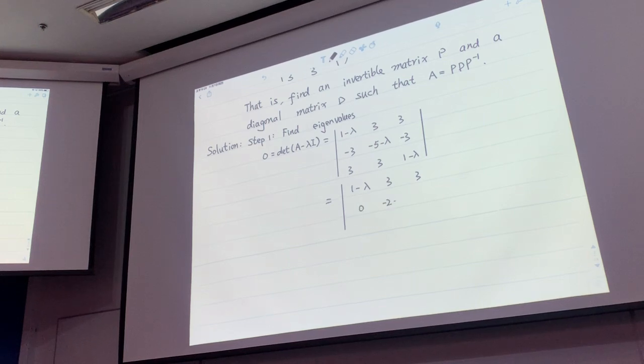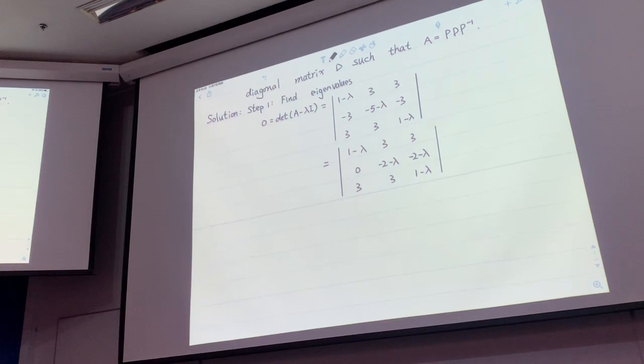So negative 2 minus lambda, negative 2 minus 3, 1 minus lambda. So look, what's happening? Do you notice what's happening? Yeah.